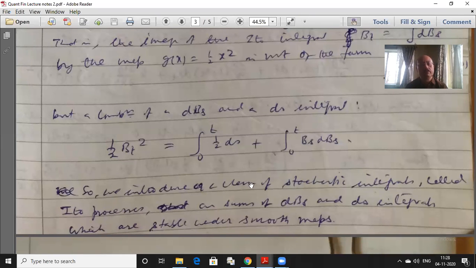They will be called Ito processes if they are a sum of dB and ds integrals, and that structure is stable under a smooth transformation. So in place of this particular half x square, I can use any other function f with necessary smoothness properties. The new integral will again be a sum.